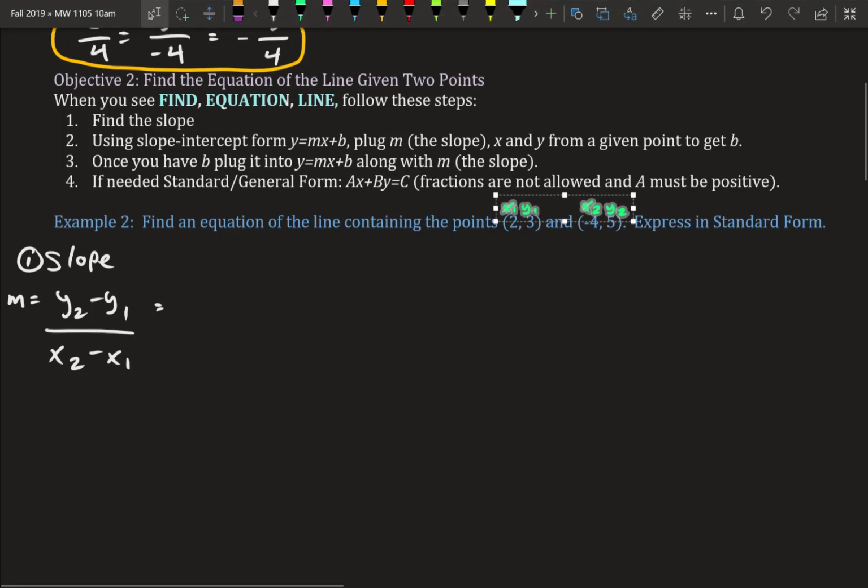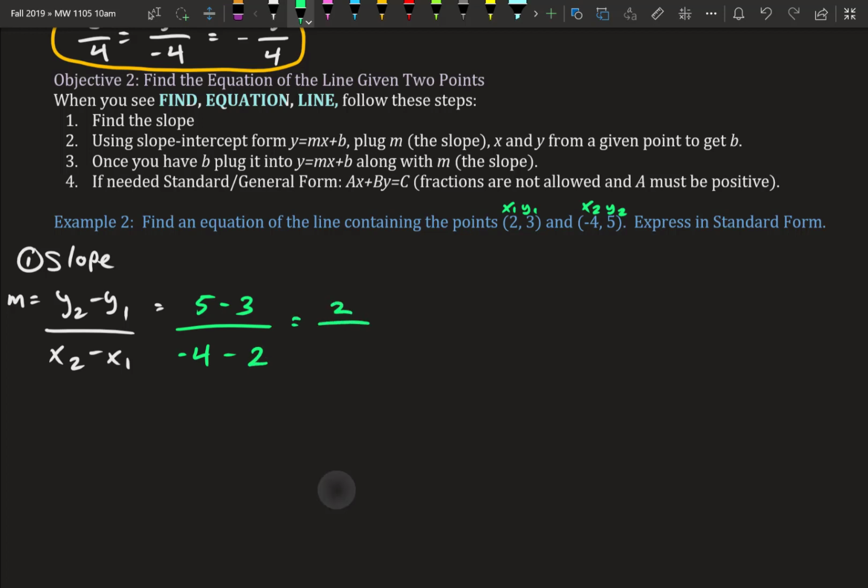Let's plug them in: y2, which is 5, minus y1, which is 3, over x2, which is negative 4, minus x1, which is positive 2. We simplify to 2 over negative 6, which is negative 1/3. It doesn't matter where the negative goes; I like to put it in the middle in this case.